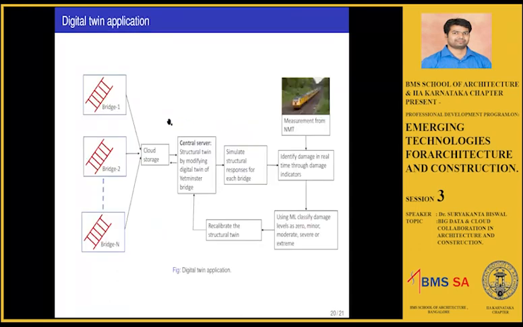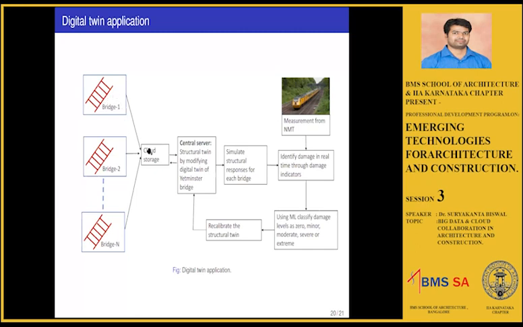So this is the final framework, how we use all the tools to monitor the bridges on the route from Bristol to Weymouth. Let's say we have 26 bridges, bridge 1 to bridge N. We keep on monitoring the data, and wireless sensors are attached to the bridges.